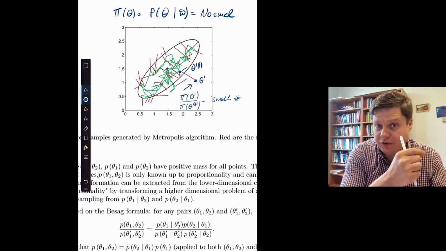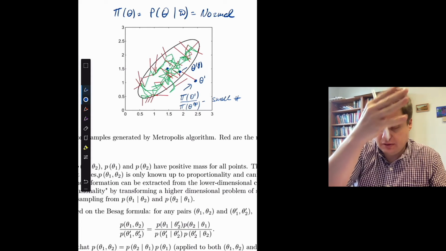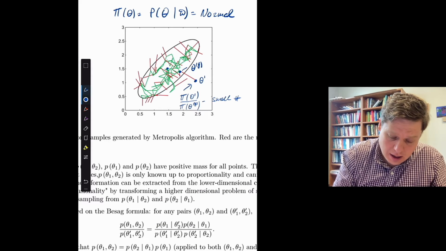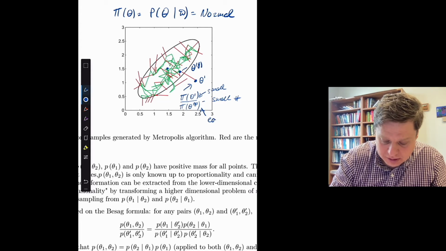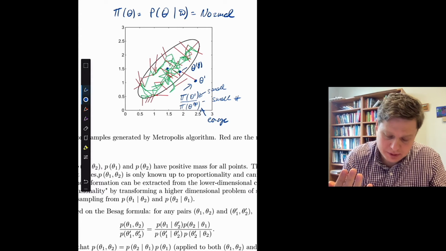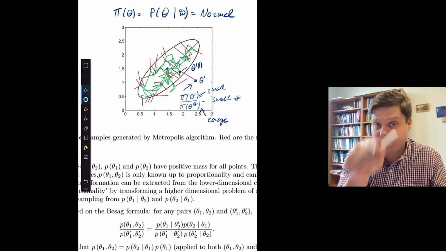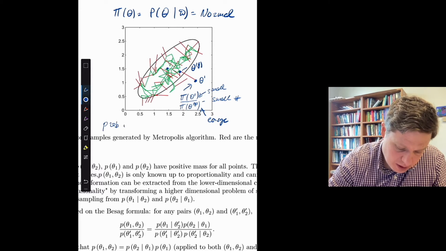In the normal, you remember, the further you are from the mean, the lower the value of the density, and in a normal distribution this decay is exponential. So pi of theta prime is a small number, and pi of theta g is a relatively large number. The ratio of a small and a large number is a small number, and you remember that the probability of rejection is proportional to this ratio. So the probability of rejection in this case is high.